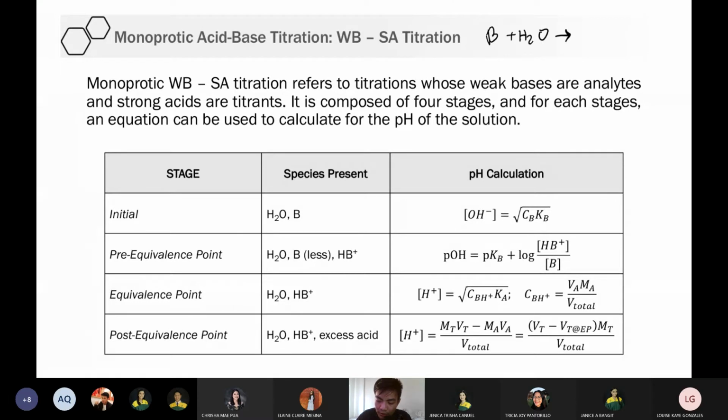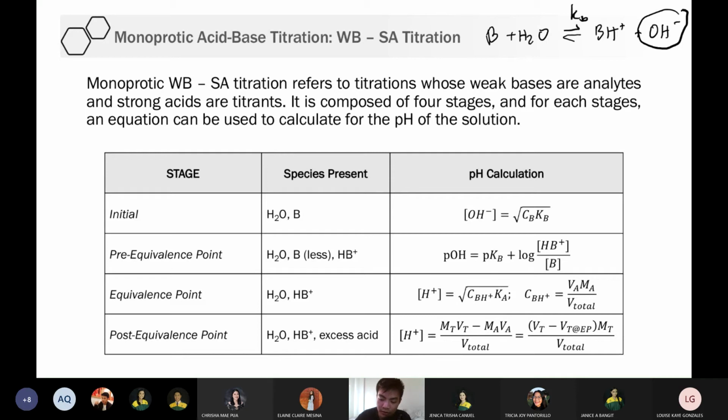It is in equilibrium. Sorry, my arrow is wrong. If our base reacts with water, we will produce BH plus and OH minus. There is OH in the product, meaning Kb. We are talking about the base dissociation constant because there is OH in the product.